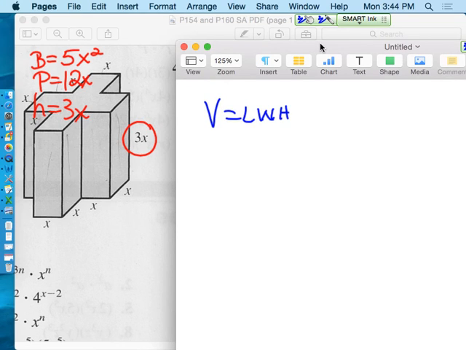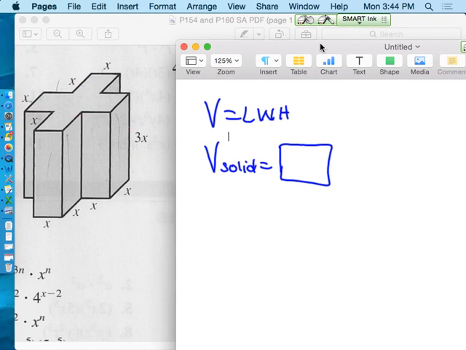If I stayed with the same theme of calculating the volume of a solid box, pretending like I had no cutouts, I would just be finding the volume of a solid. This would be a cube actually, and I would be 3x on all dimensions.